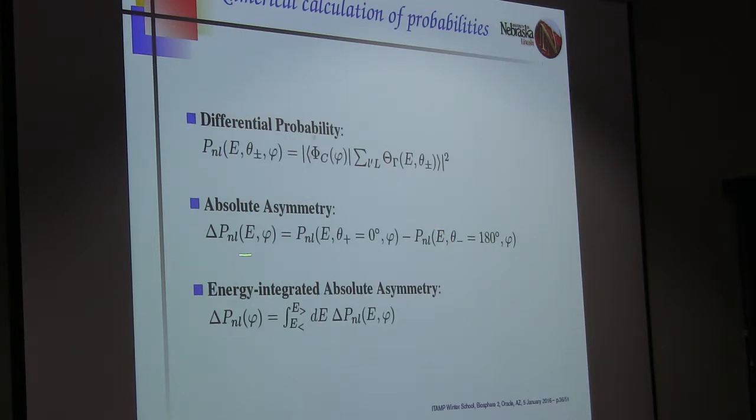This difference is the absolute asymmetry. You can also calculate the energy integrated absolute asymmetry, which is just integrate over all possible energies in your calculation with reasonable limits. And this difference at each energy gives you a number that depends only on the carrier envelope phase, where the notation in these slides is different from the previous ones.